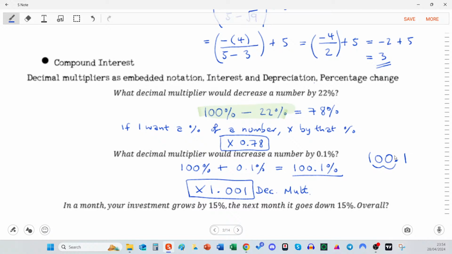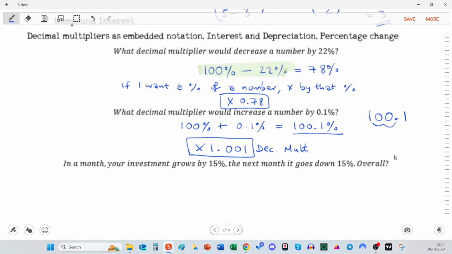Okay, so next one. In a month, your investment grows by 15%. So whatever our investment is, we don't know, we'll call it X. No, let's not call it X, it looks like a multiplier. Y grows by 15%. We should know that if it grows by 15%, the decimal multiplier is 1.15.